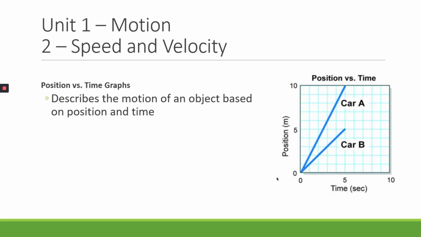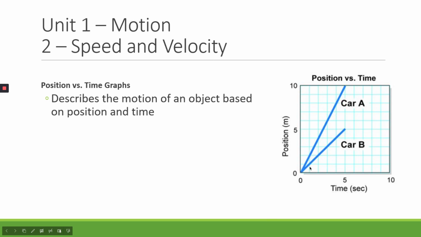These are often used to show velocity or motion of any kind, really. So these position versus time graphs are going to describe the motion of an object.